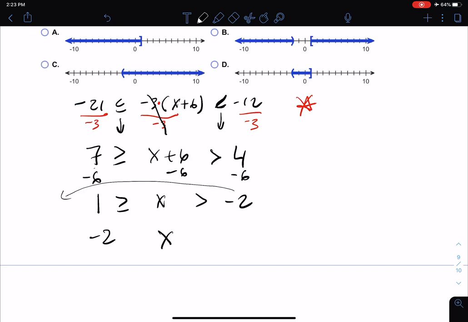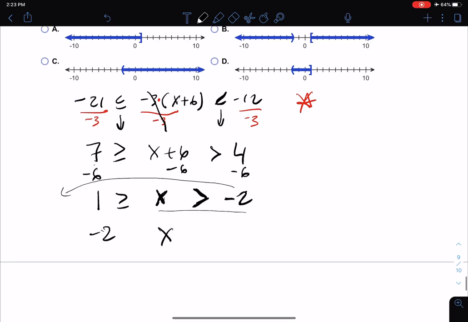Now I'm just going to tell you to flip the signs, and you might not believe me on that, but let me see if I can get you to believe me. If I were to just focus on this right here, it says x is greater than. Notice the symbol is opening up to the x and not to negative 2.